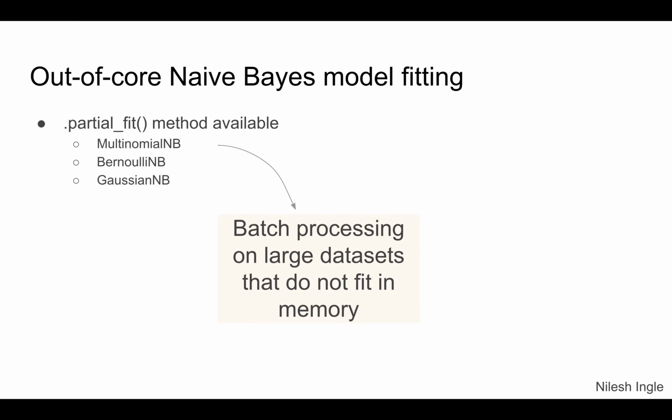Where it helps is if you have a very large data set that cannot fit into memory. In those cases, the partial fit method can be used for batch processing. So that could be helpful in case of large data sets.